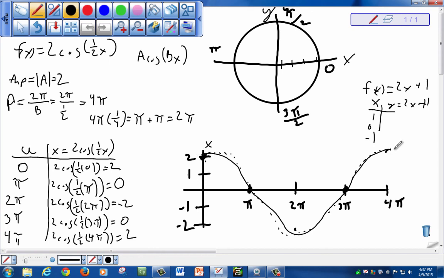So if this graph continues, it's just going to continue doing the same thing as what the graph did from 0 to 4 pi. And that is because we graph points from the unit circle. So once we use the points that go around the circle, we just start using the same points all over again. So we're getting the same values. And that's why the graph just continues doing the same thing over and over again.